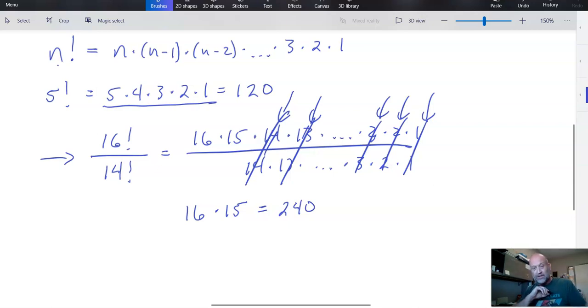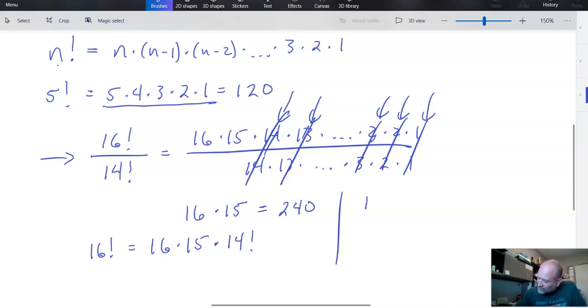As a matter of fact, I can look at 16 factorial as 16 times 15 times 14 factorial, because 14 factorial is the 13, 12, 11, right? So if I'm looking at, once again, 16 factorial over 14 factorial, probably the easier way to write it.